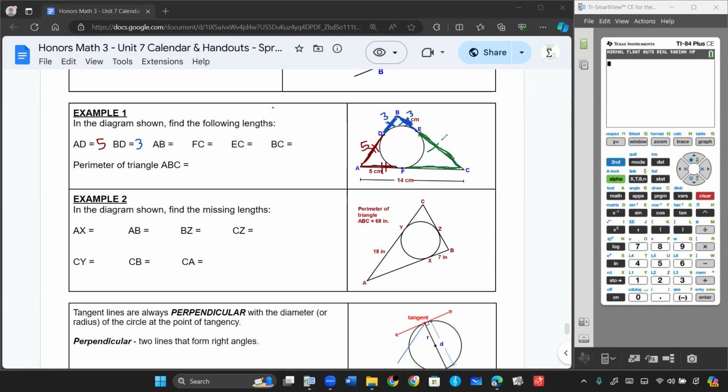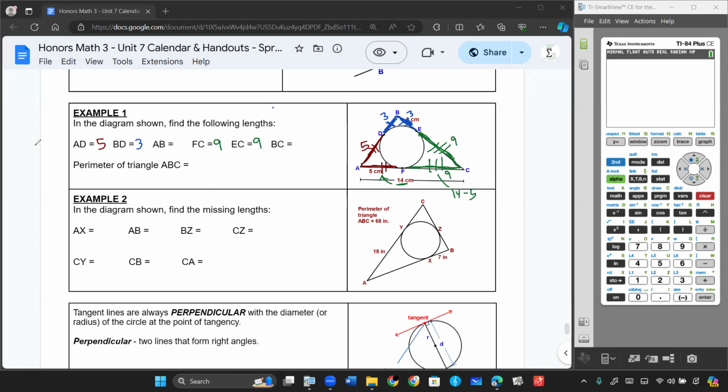So we'll mark those equal. And notice that this whole length is 14. So I can get that by just subtracting that 5 from the 14. Well, that's going to give you 9. So those are both going to be 9 here. And so FC is going to be 9 and EC is also 9.